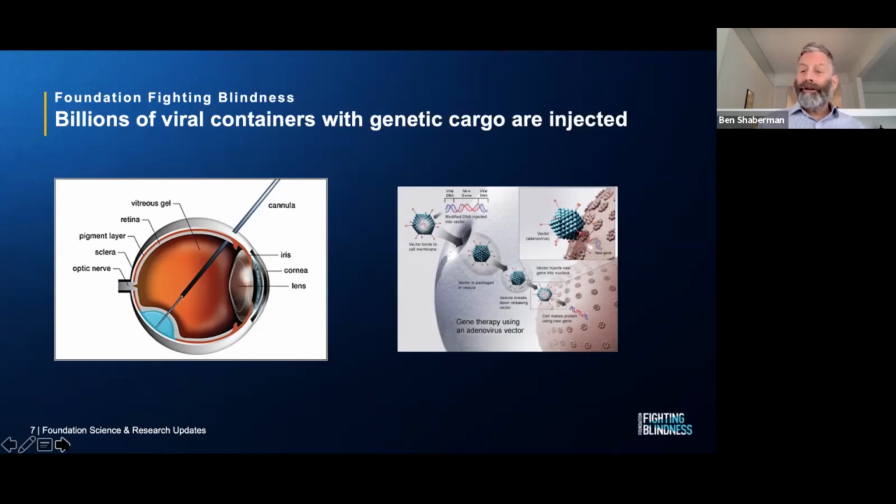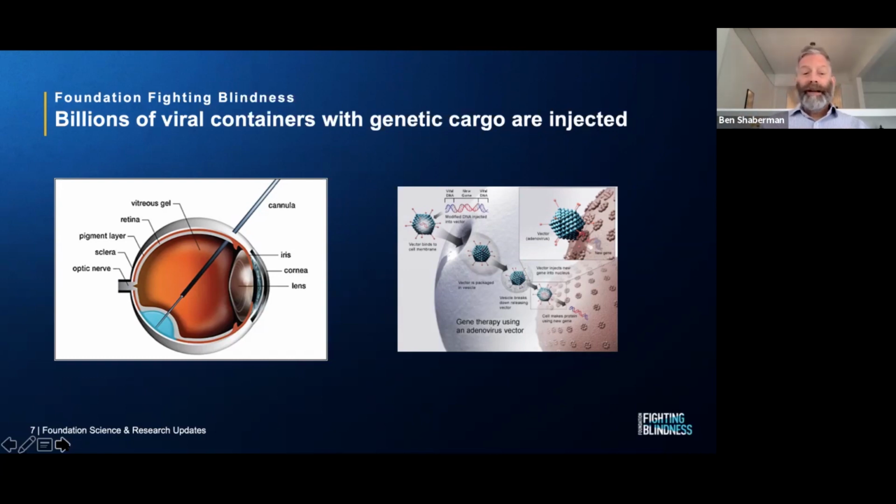Right now, subretinal is the most popular because it gets the therapy closest to the photoreceptors, but it is a relatively invasive procedure. It's a common procedure, but it is putting a needle through the retina and injecting this liquid, which lifts the retina up a little bit.